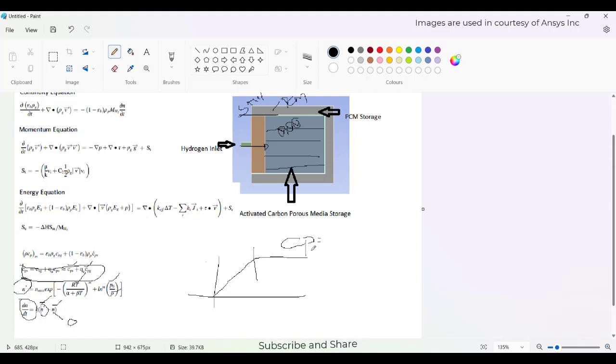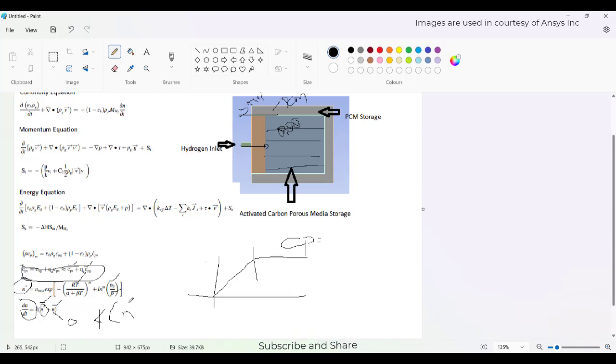Even if we increase the temperature and pressure, there will be no further adsorption onto the carbon. So the adsorption depends on the temperature and the pressure of the hydrogen present in the activated carbon porous media, right? The rate of adsorption onto the carbon is equal to K into N star minus N. So it is K into (N star minus N).